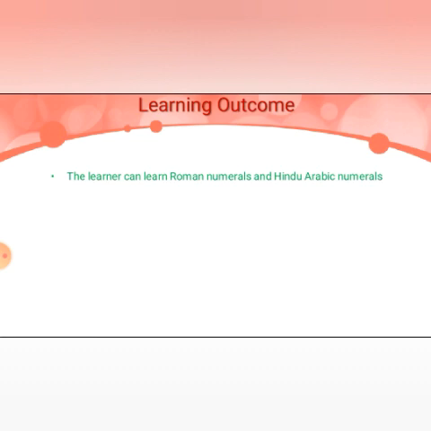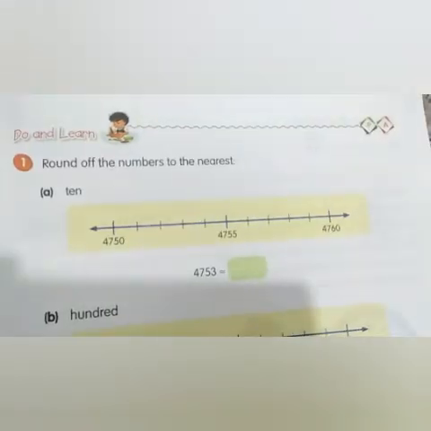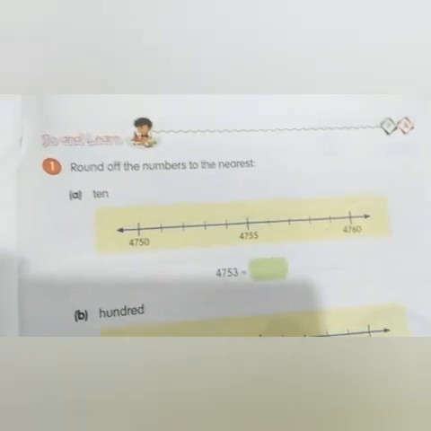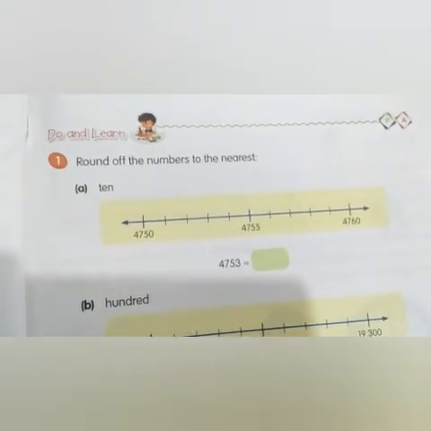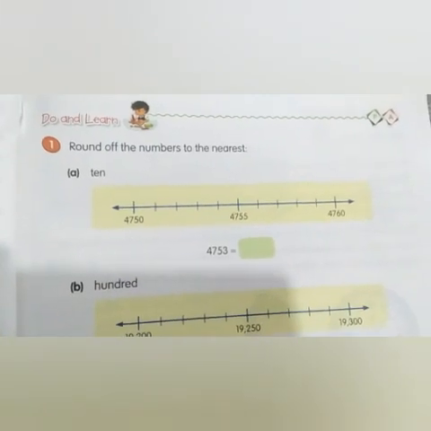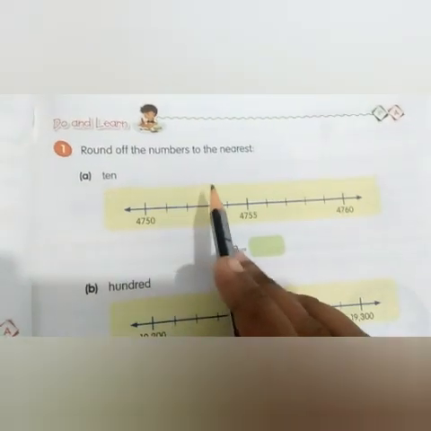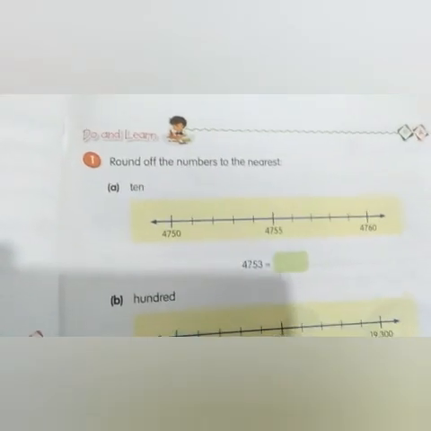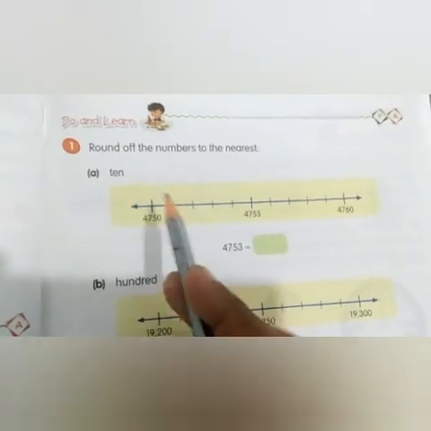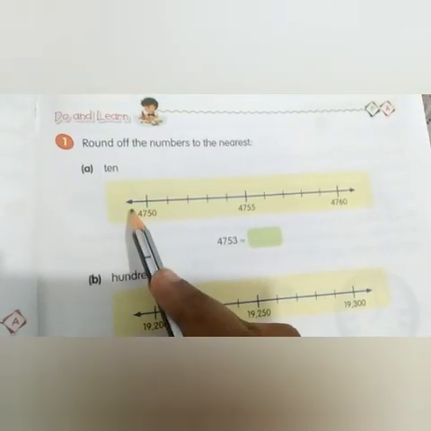After that we will start our next session. Children, in your textbook, page number 19, one exercise we have not written. Rounding of numbers to the nearest 10, 100, 1000. That exercise is there, so we can finish that.